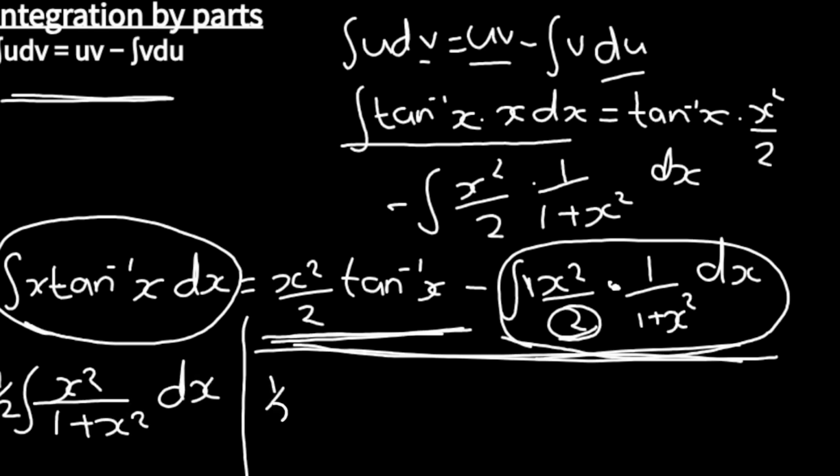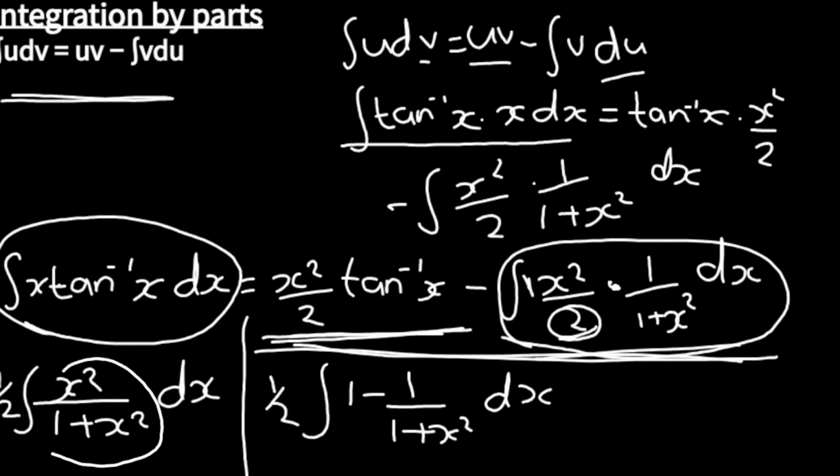Now x squared over 1 plus x squared can also be written as 1 minus 1 over 1 plus x squared. If you break down this decomposition, you will find this, but I'll provide a tutorial on decomposition of fractions. Anyway, let's go on.